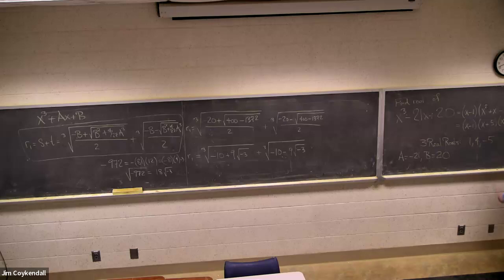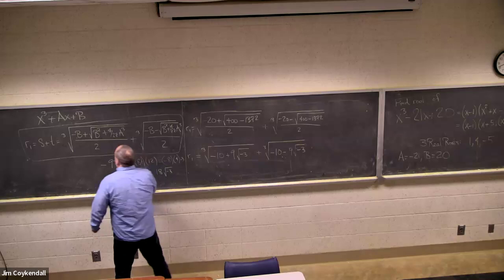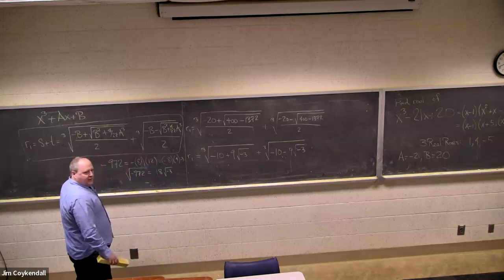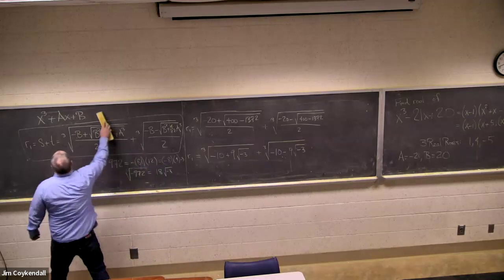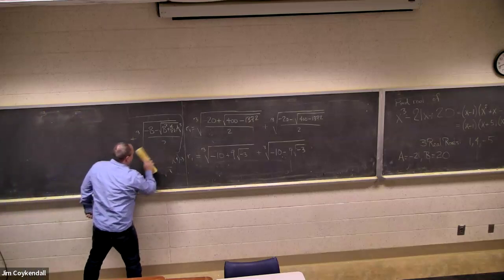Well, it depends really on how you define the angles and such, but I think if you take the principal values here, let's see if we can figure out which one it is.